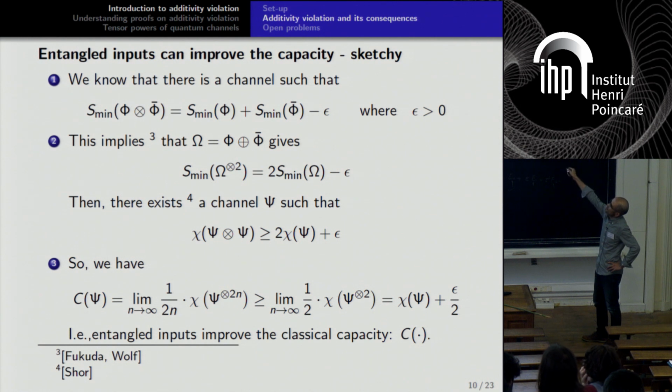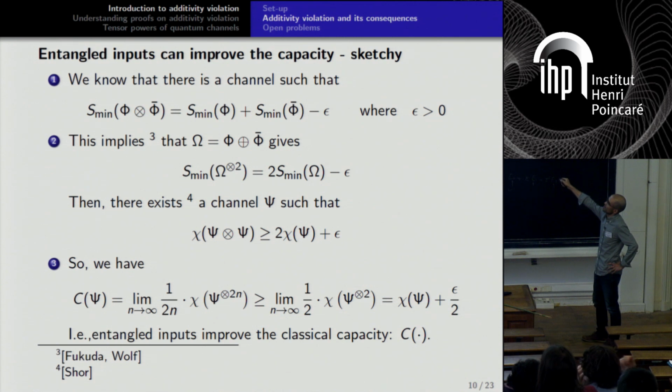So if we take this omega to be phi direct product phi bar, we have this relation, and somehow we can make this omega more symmetric and form psi, and for this psi we have a violation like this: chi of psi tensor psi is larger than 2 chi of psi.